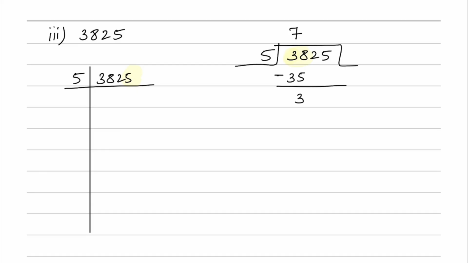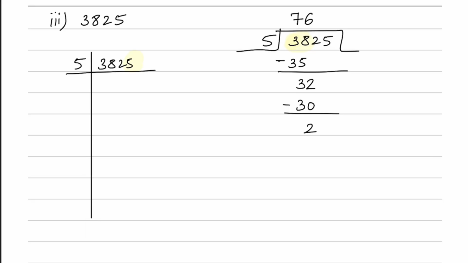Again, you can bring down only one number at a time, which is 2. I know 5 6s are 30. Again 2 is left here. Next I'll bring that 5 down. This is going to give me 5 5s are 25. So this answer is going to be 765.